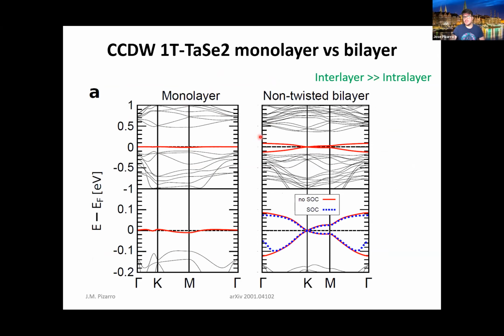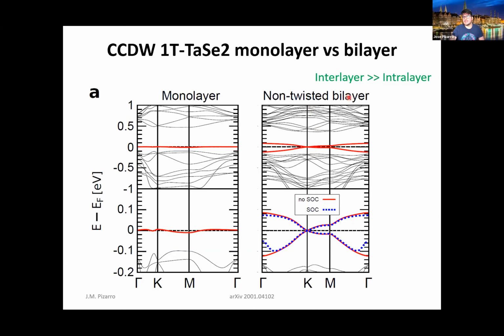But then when you put the second layer on top in this honeycomb arrangement, the system becomes more dispersive. And that's a signature, and it's in line with what Michael Crommie and collaborators found, that when you put another layer, you are increasing the bandwidth, or equivalently you are increasing the kinetic energy of the electrons, and then your system becomes less correlated, right?